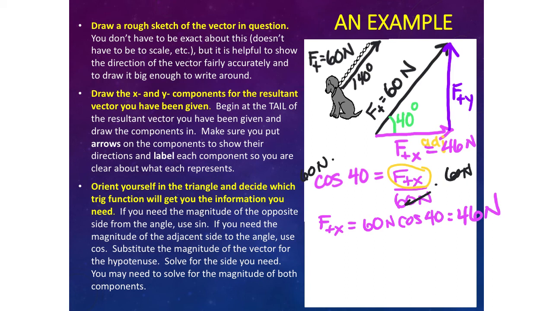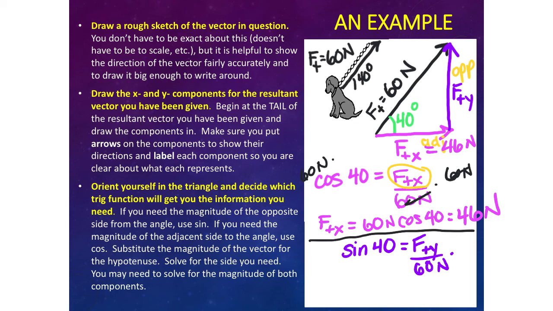Now I'm going to do the same basic thing for my fty vector. In that case, I'm looking at the opposite side of the triangle to that 40 degrees. I'm going to have sine of 40. So sine of 40, giving myself a little extra room, equals FTY divided by 60 newtons.